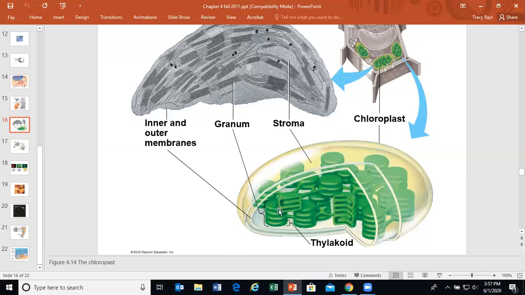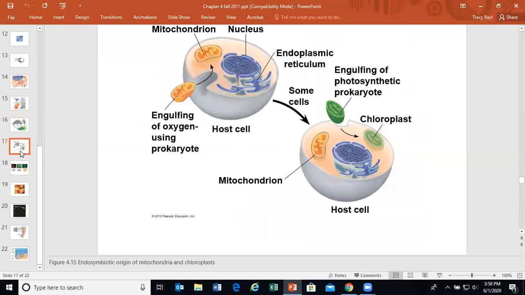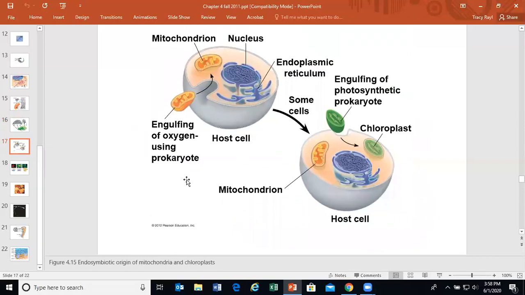When we get to chapter 7 and we start talking about the actual chemical reaction of photosynthesis, I'll expect you to remember the anatomy of the chloroplast as we apply it to the photosynthetic reaction.